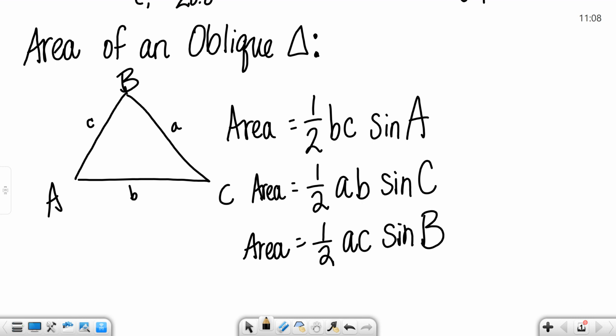Okay, notice if I have angle A, little side b, and little side c, I use the first formula. Okay, so you could use any of these to find the area of a triangle. Now here's what I do want you to understand.